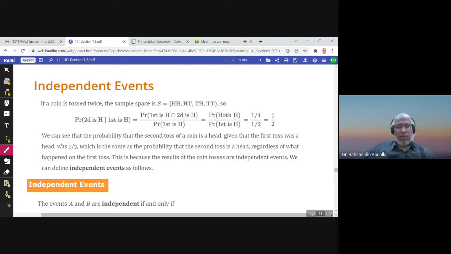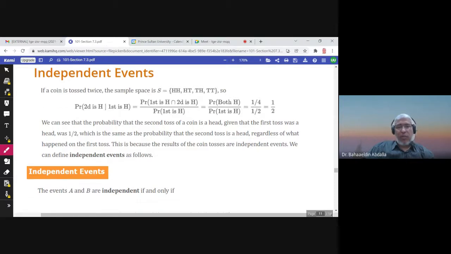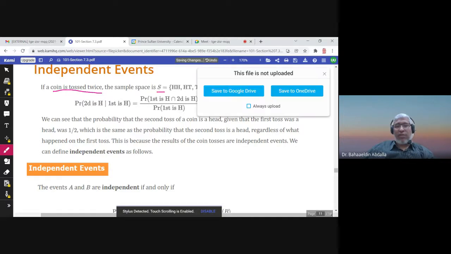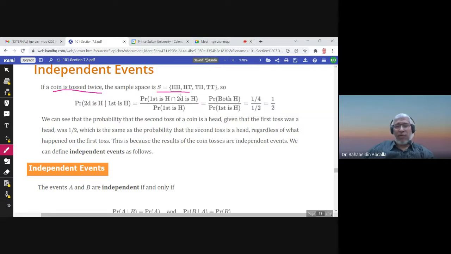This is the last part of section 7.3, and it's about independent events. So let us consider tossing a coin twice. If you remember, the sample space is four outcomes.